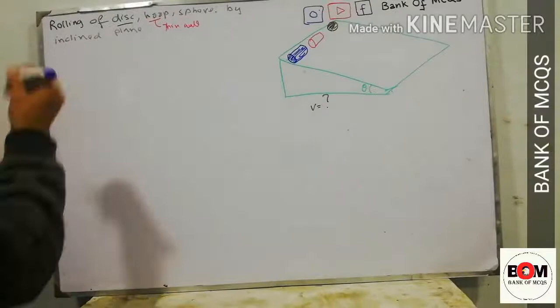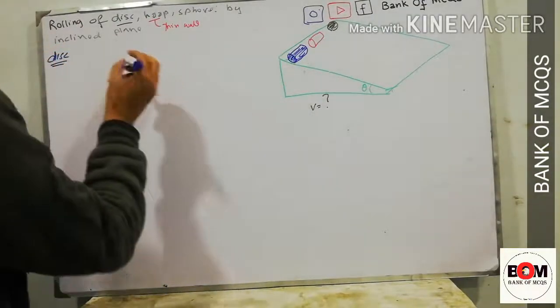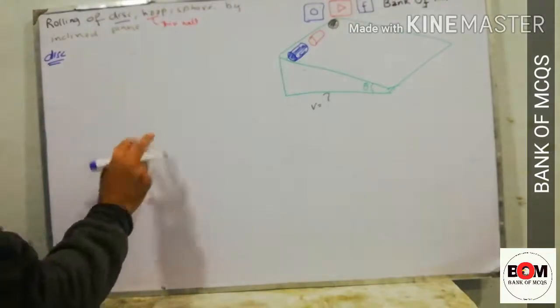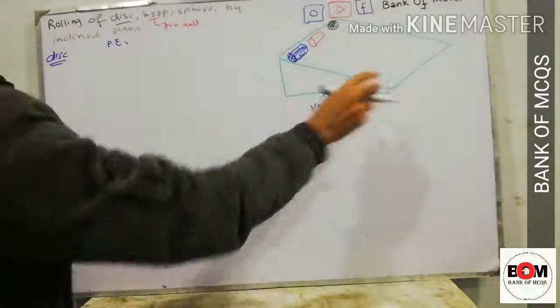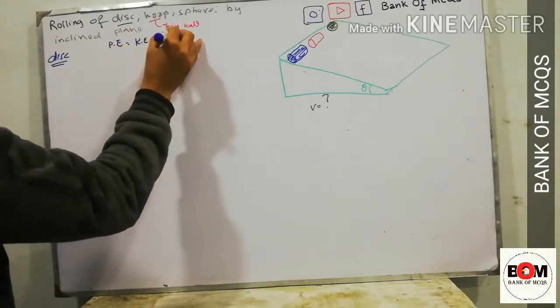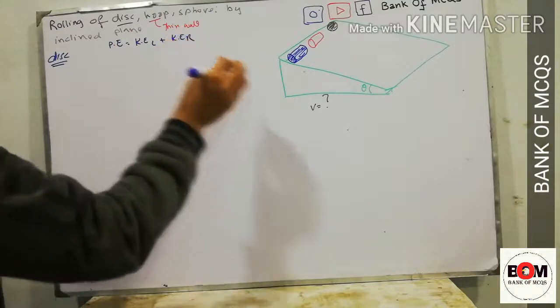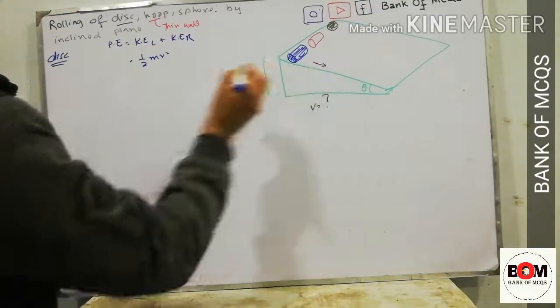So first of all we are solving for the disc. We know that at the top they have some sort of potential energy. Going downward, this energy is converted into two types of kinetic energy: kinetic energy linear plus kinetic energy rotational. Linear kinetic energy is half mv square because it comes downward.